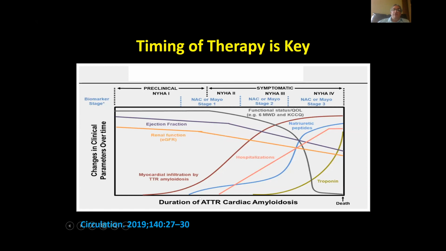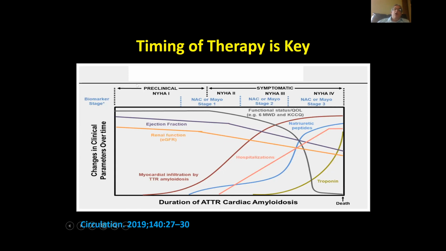It's not really drawn to scale, but you can imagine that if you're an allele carrier of a mutation, or if you're in your 40s or 50s, you may start to develop myocardial infiltration of amyloid over time. And concomitant with that, there'll be an increase later on of your biomarkers, including NT-proBNP first and troponin later. There'll be an increasing risk of hospitalization, and obviously a slow decline in ejection fraction and renal function.